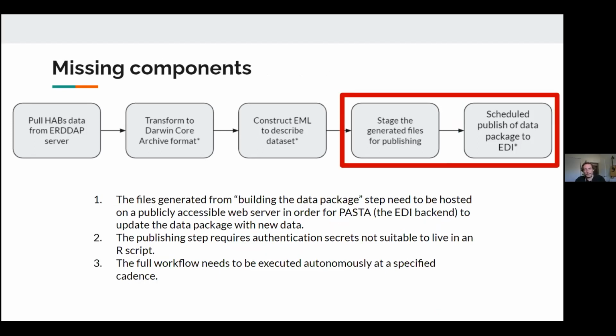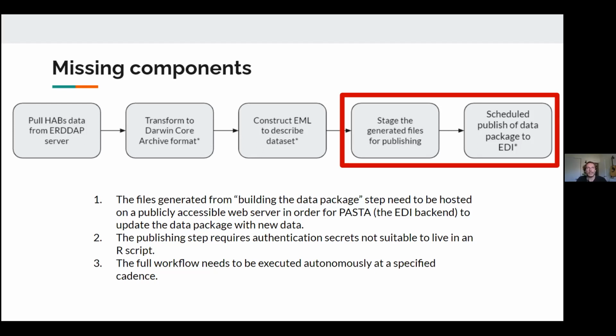That said, there are a couple of missing components here. You'll notice first and foremost, I skipped over the step to stage the generated files for publishing. The EDI backend requires in the EML that for each of the files represented in your EML, there is some web accessible download link that it can point to and say, okay, this data table is coming from the file located at this link.